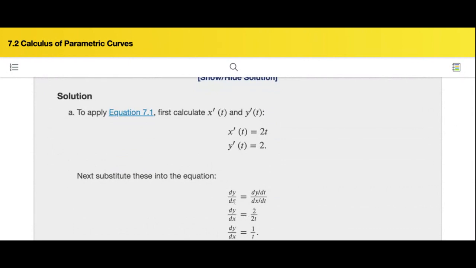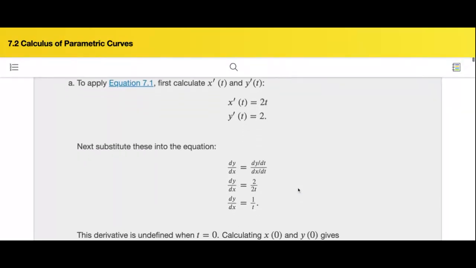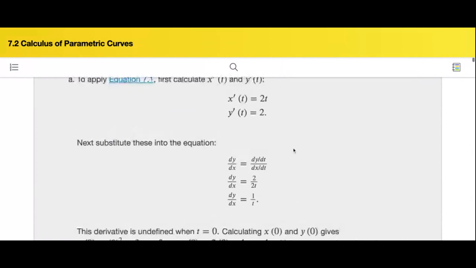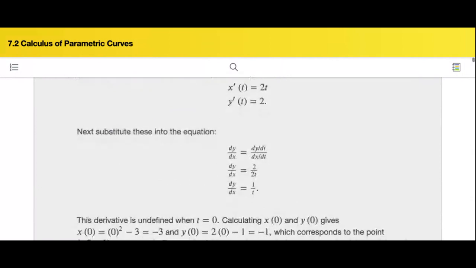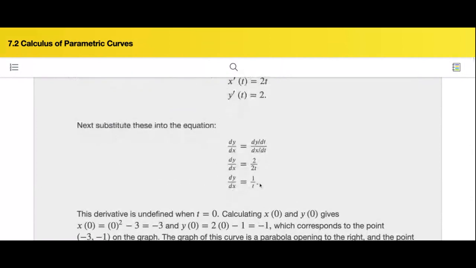So dy/dx equals dy/dt divided by dx/dt, which equals 2 divided by 2t, equals 1 over t. So it's a function in terms of t. dy/dx is 1 over t.